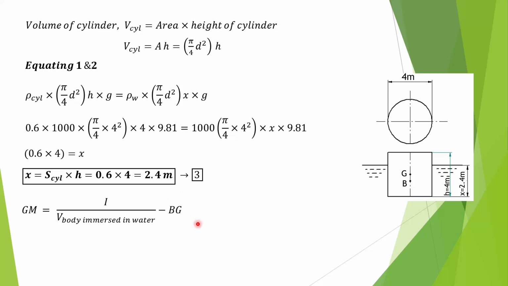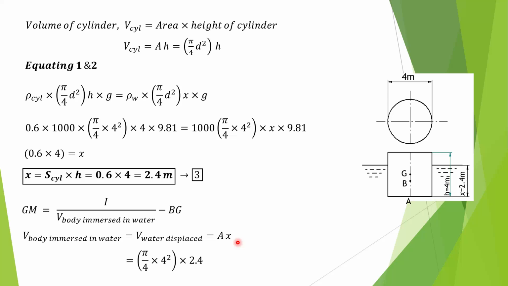Now in order to find the value of BG, we'll take this reference as A, so that we can find AG minus AB is equal to BG. We'll see what V is. Volume of body immersed in water is equal to volume of water displaced, which is equal to area multiplied by x.